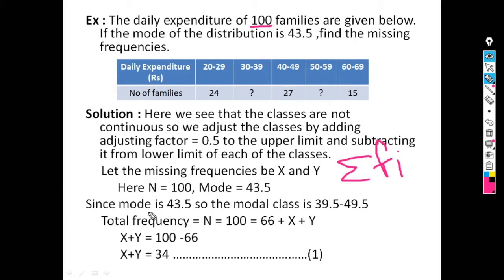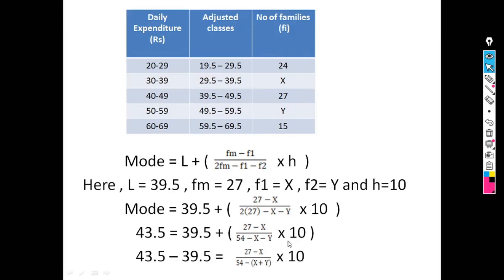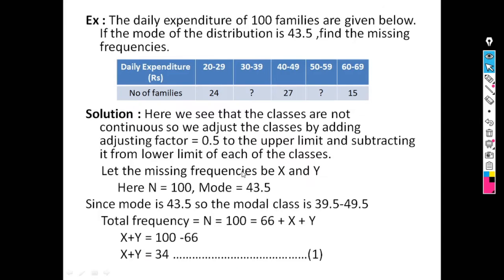Since the mode is given, we can define our modal class. Our modal class is 39.5 to 49.5, because the mode belongs to the modal class interval, and here the mode given is 43.5, so it is in the class interval 39.5 to 49.5.